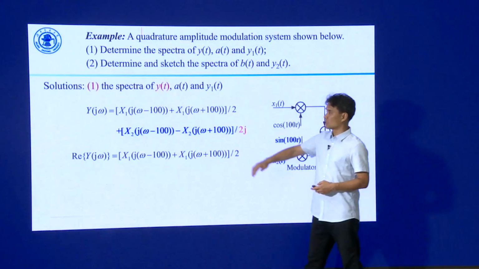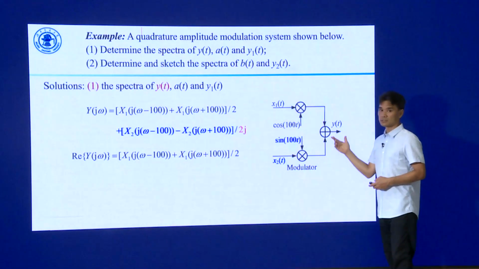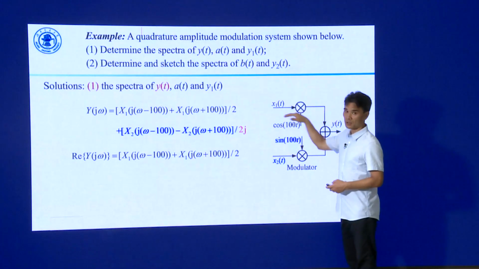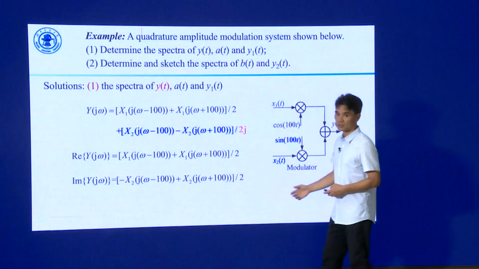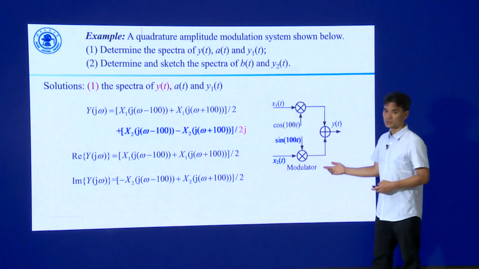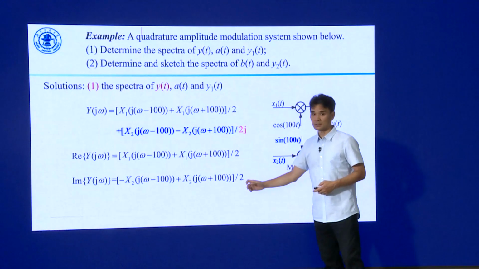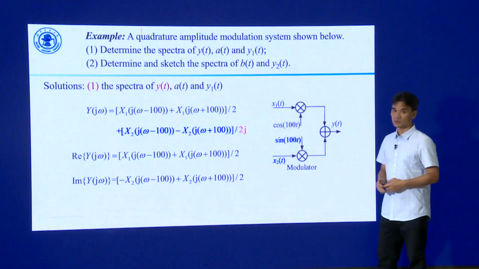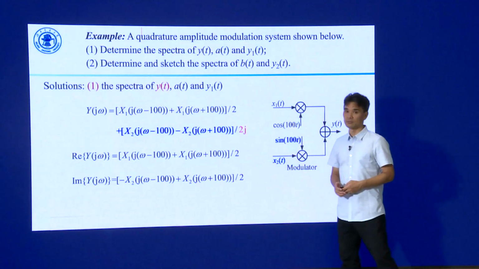And let's take a look at the real part of the modulated signal. It is the upper branch, and the imaginary part of the modulated signal is the lower branch. So they are in the real part and the imaginary part respectively of the modulated signal, so there's no interference between them.